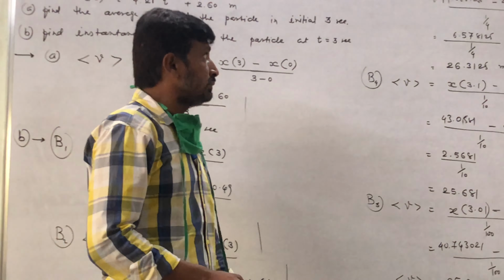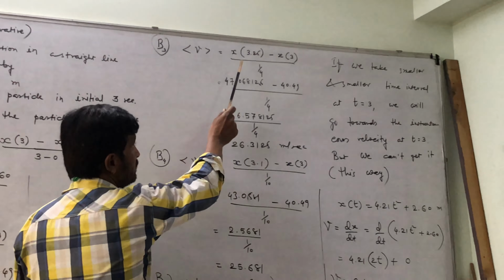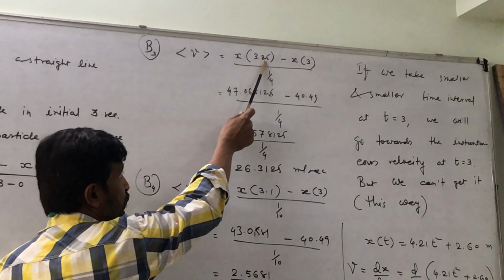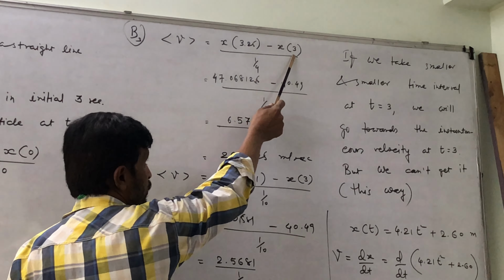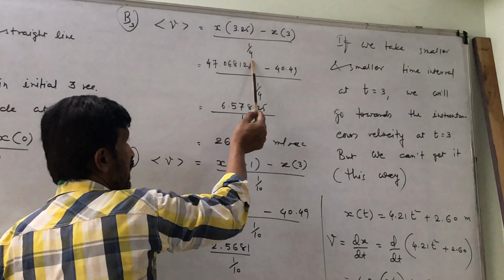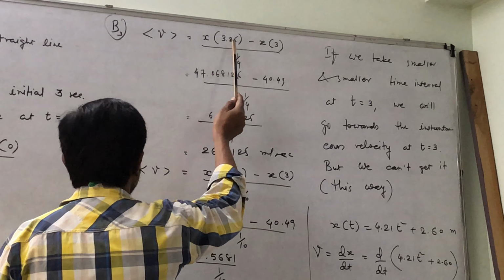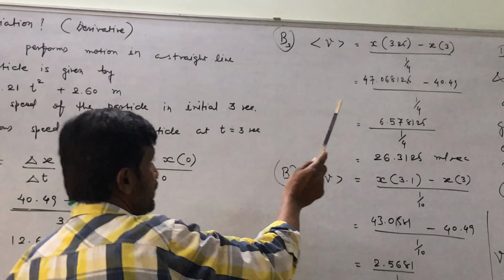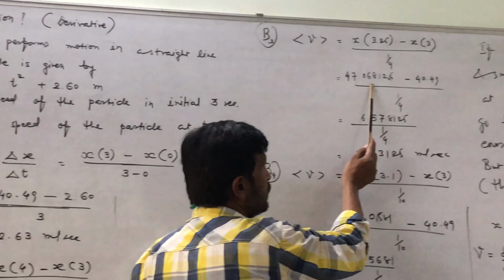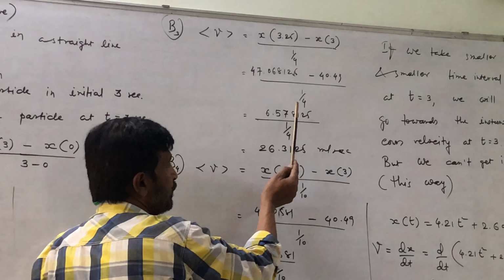Then we are taking an even smaller time interval. x of 3.25 is the final position, x of 3 the initial position. The time interval is 3.25 minus 3, which is 1 by 4. If we put 3.25 in the original equation, we get the final position as 47.068125 minus 40.49 upon 1 by 4.